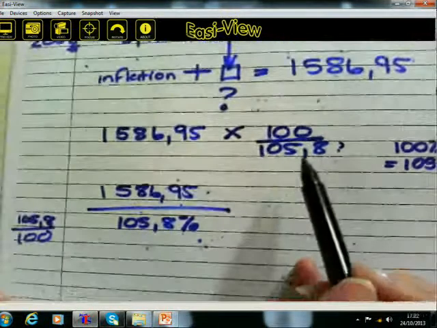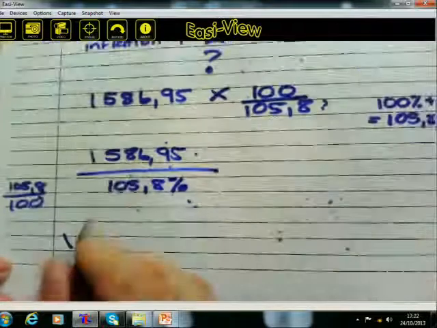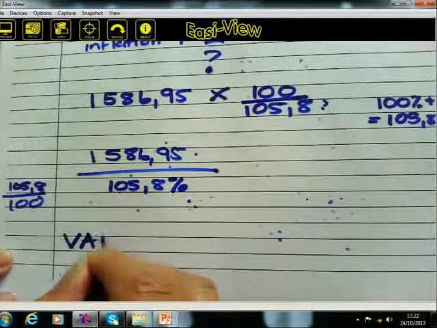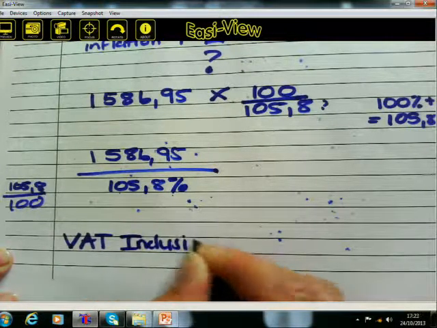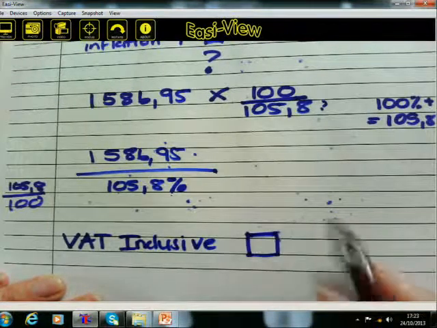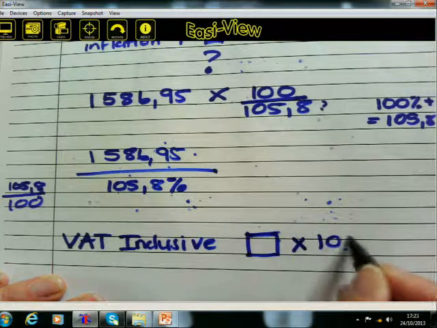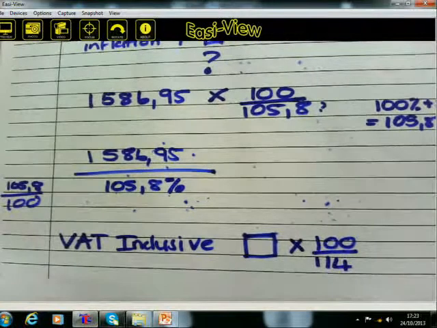Just to remind you, it works the same with the VAT. I'm just going to write it here so you can also remember it. If it's VAT inclusive, then you will also take the amount that is inclusive and multiply it by 100, dividing it by 114 to find what the original value was.